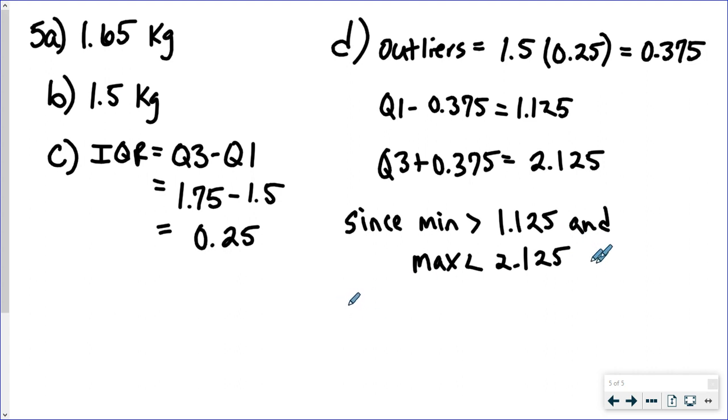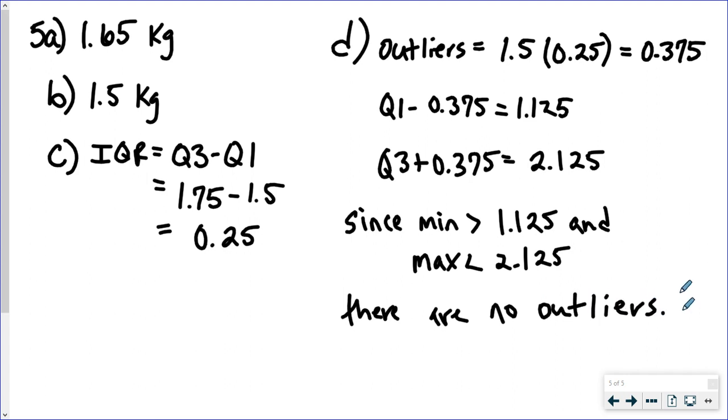There are no outliers. And we're done with number 5.